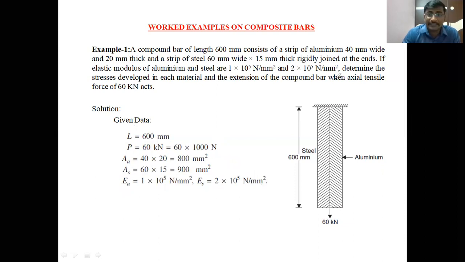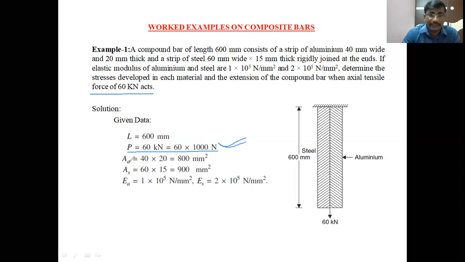What other parameter is given? Determine the stress developed in each material and the extension of the compound bar when an axial tensile force of 60 kilonewtons acts. So 60 is also written in the given data, P equal to 60 kilonewtons. 60 kilonewtons means 60 into 1000 newtons. If the load unit is kilonewtons, we convert it to newtons.